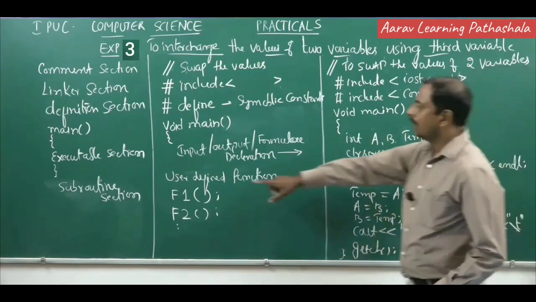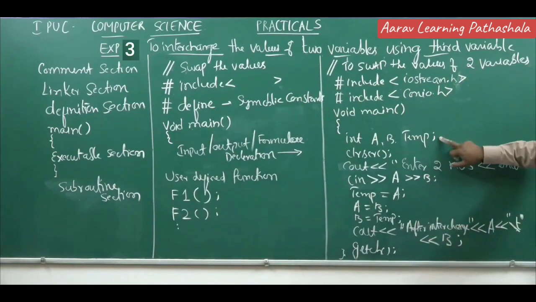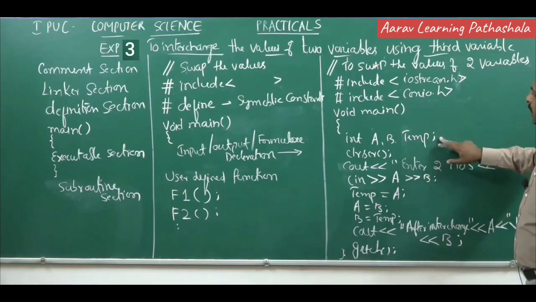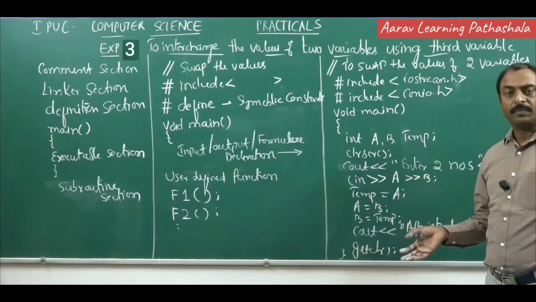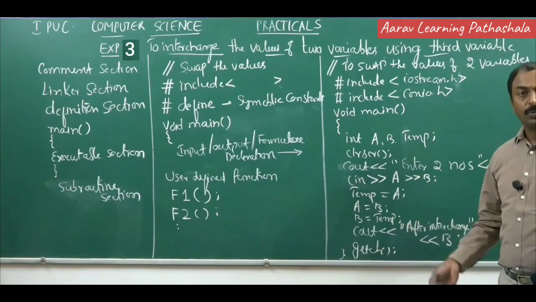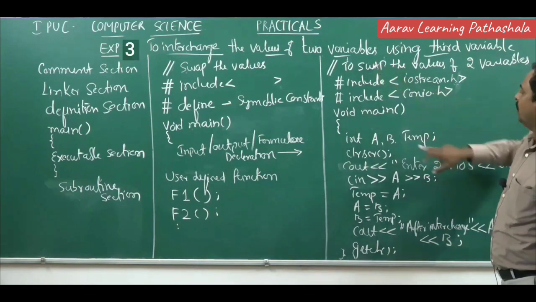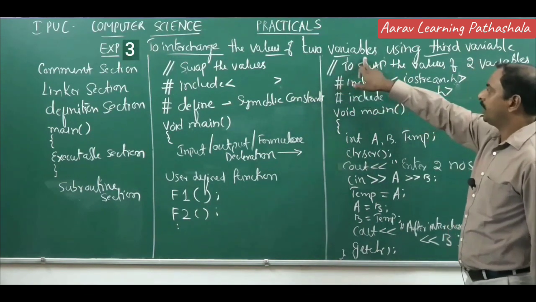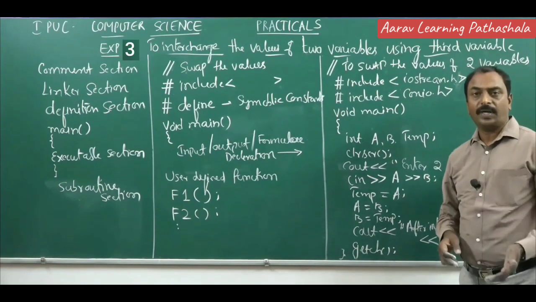Inside the executable section, the first part is called the declaration section. Here we have to declare the variables required for our program. In this example, we make use of three variables: two variables to enter values, and a third variable to interchange the values.